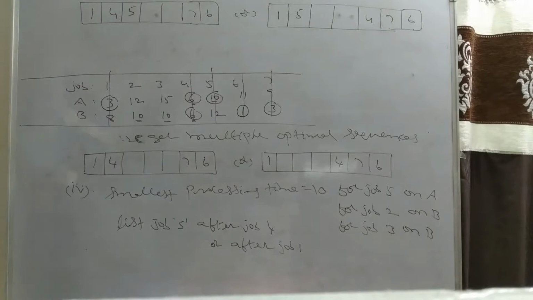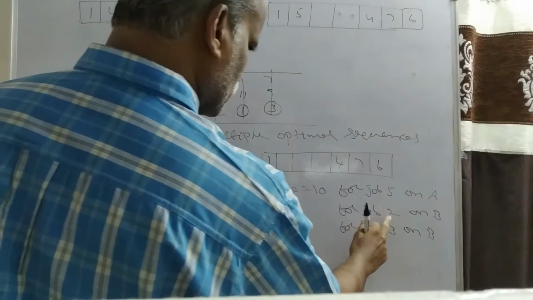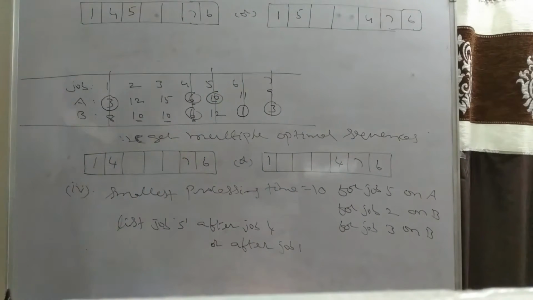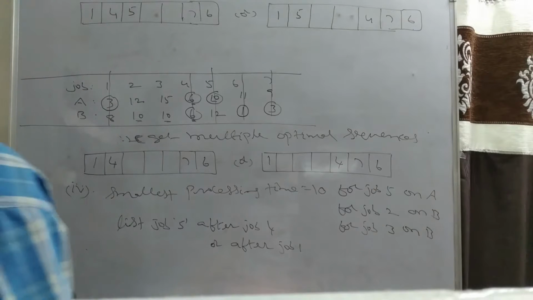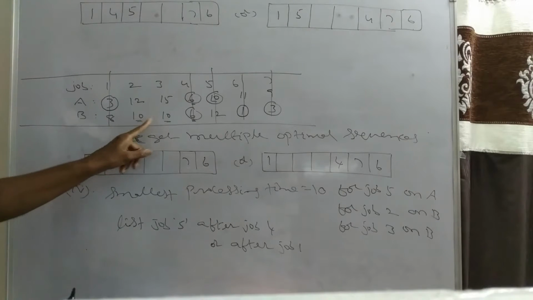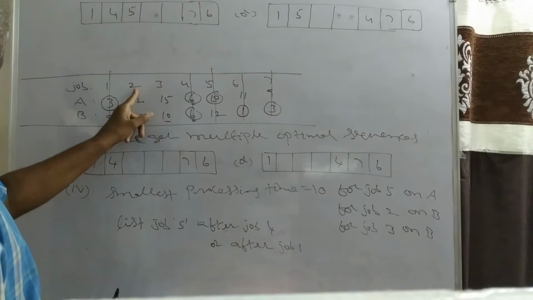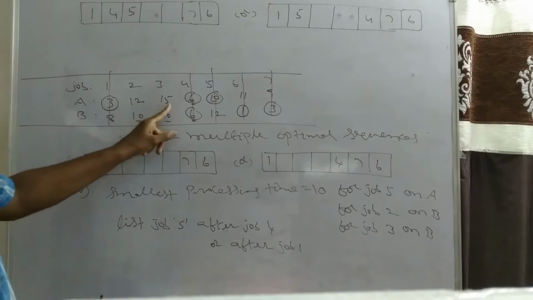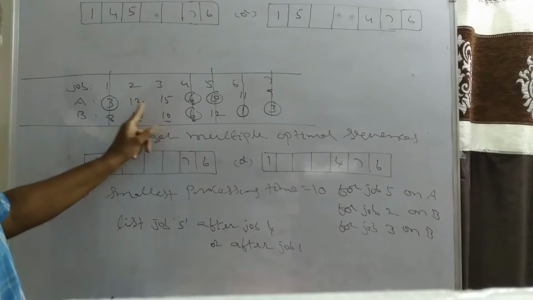Right. Now what about 2 and 3? For jobs 2 and 3, we have the smallest processing time on machine B only. So there is more than one job having the smallest processing time on the same machine. In this case, we consider the processing times for jobs 2 and 3 on machine A and then take the minimum of those.